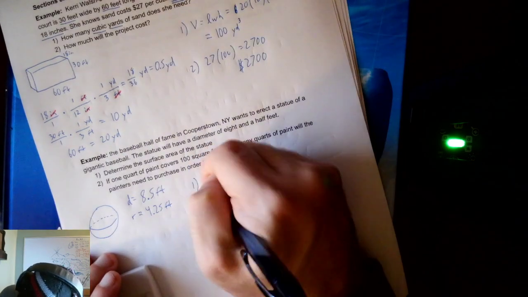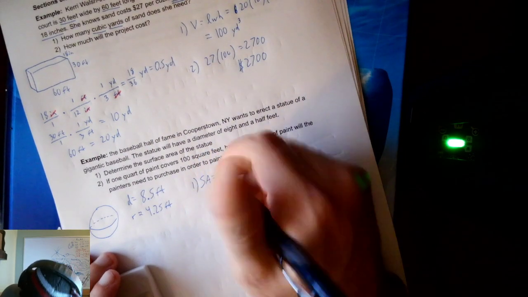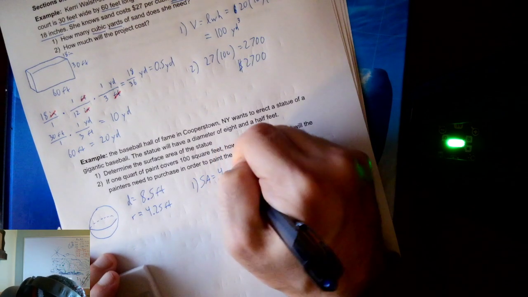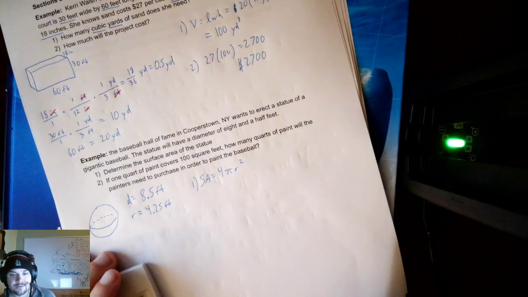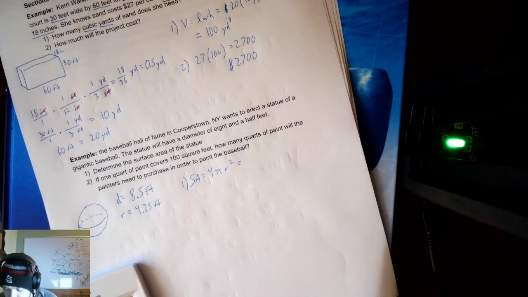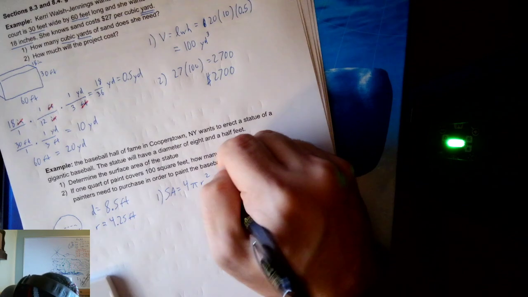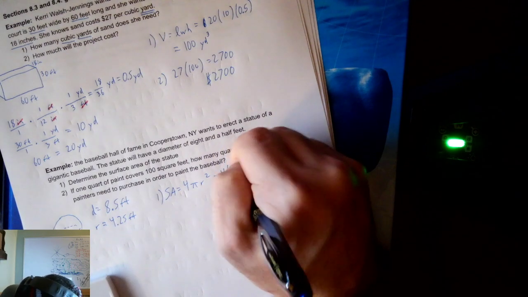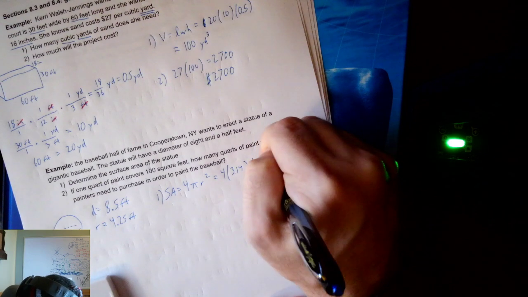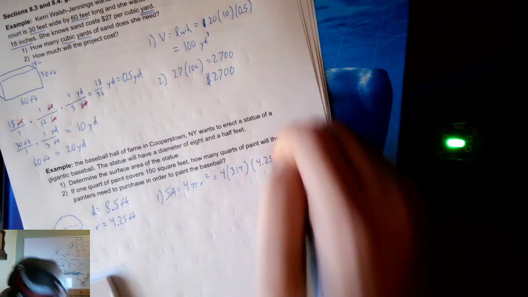So for part 1, the surface area for a sphere is 4 pi r squared, which is going to be 4 times pi is 3.14 times r squared, which is 4.25 squared.